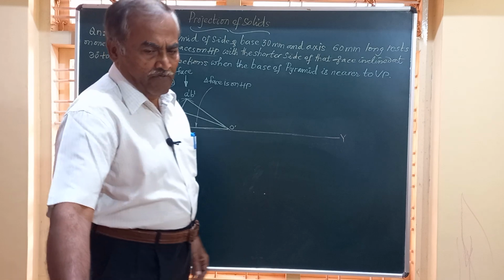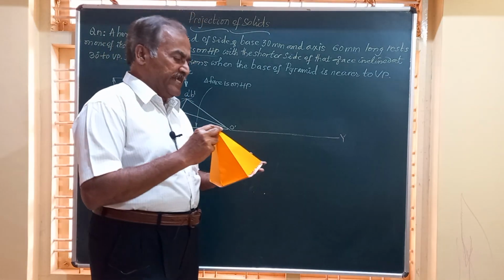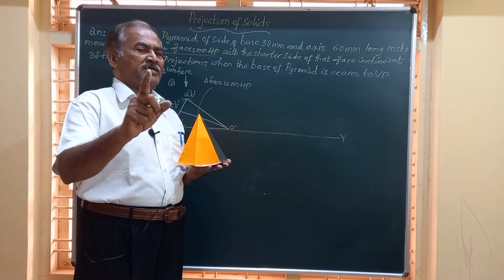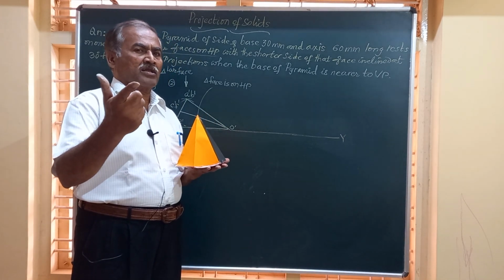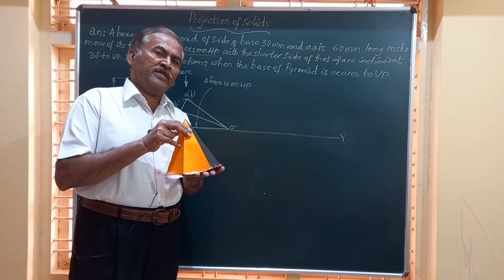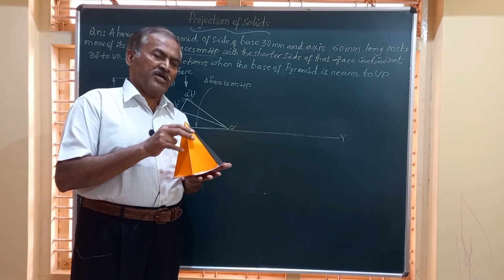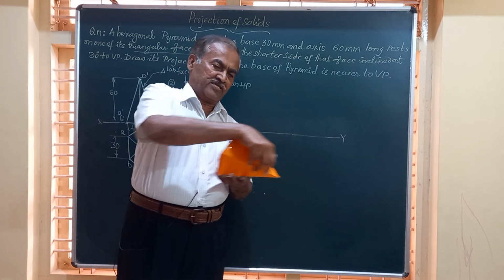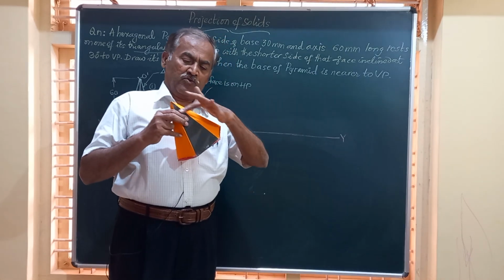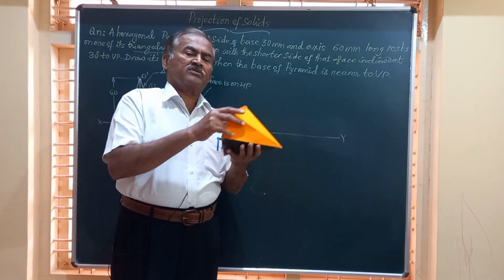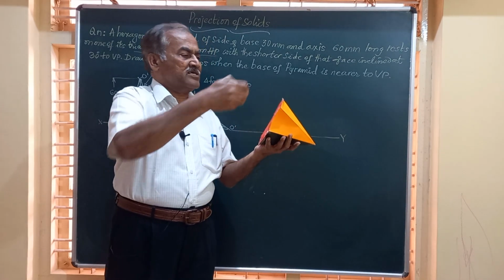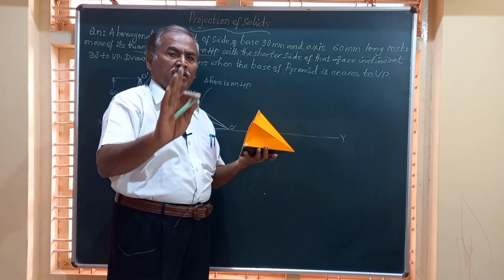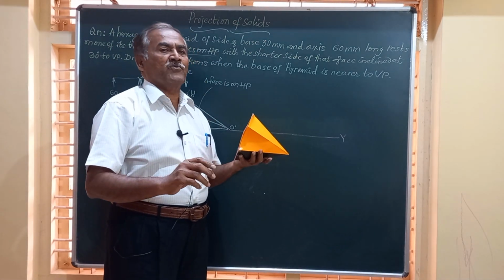Friends, remember, whenever any pyramid, including a tetrahedron, a triangular pyramid, rests on HP, either on the triangular surface or on one of the slant edges, in all such cases the complete base of the solid is visible to the observer in the top view.